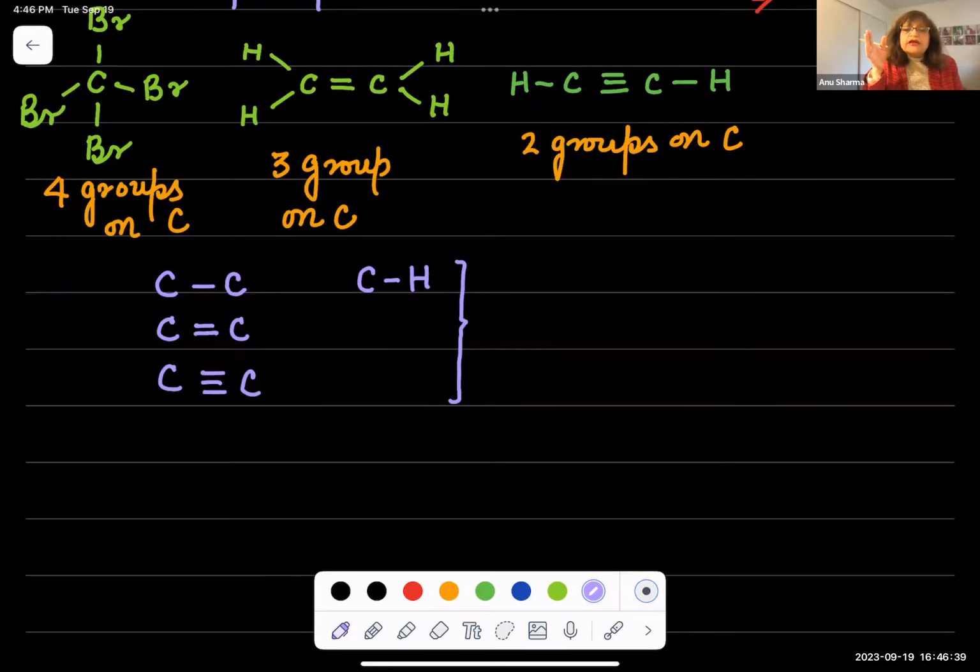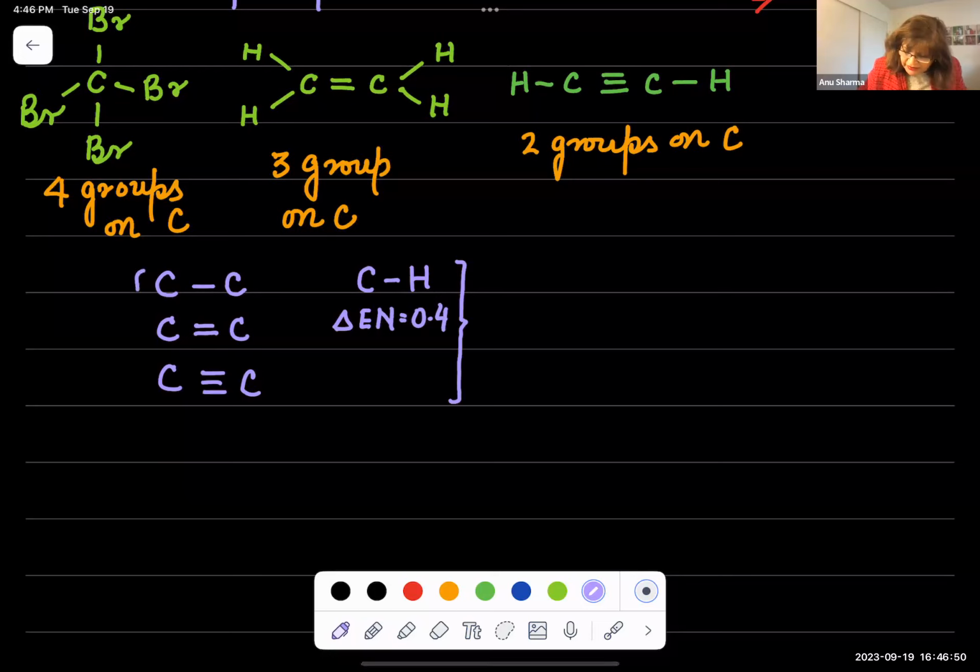It's the electronegativity difference. The electronegativity difference between carbon and hydrogen is 0.4. And in the carbon-carbon case, the difference in electronegativity is 0. Right? So whether it's 0.4 or 0 to 0.4, that falls in the non-polar range.